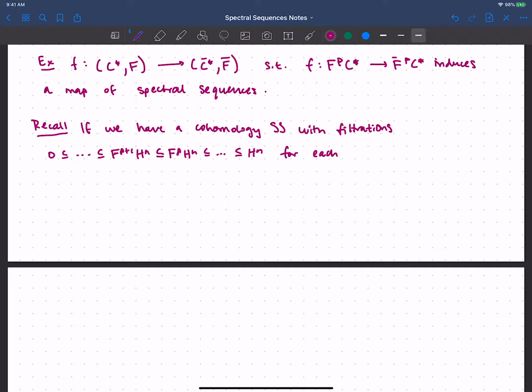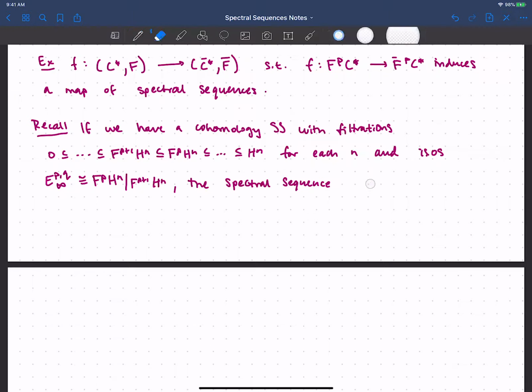So we have these filtrations for each n, and if we also have isomorphisms identifying our E infinity terms, so that's isomorphic to filtration quotients, then we say the spectral sequence converges strongly.